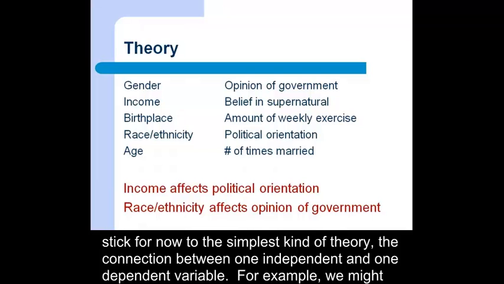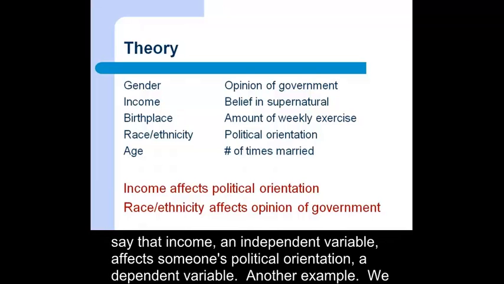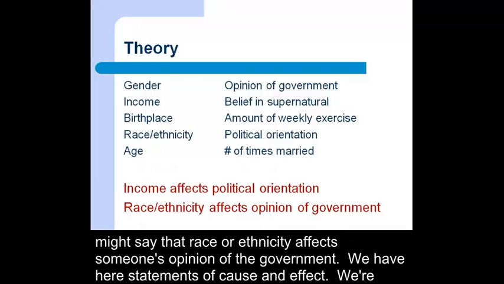For example, we might say that income, an independent variable, affects someone's political orientation, a dependent variable. Another example, we might say that race or ethnicity affects someone's opinion of the government.